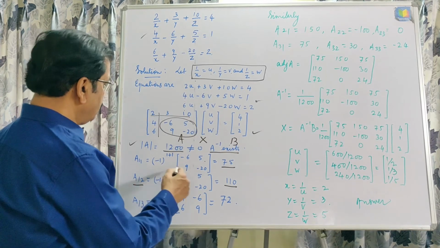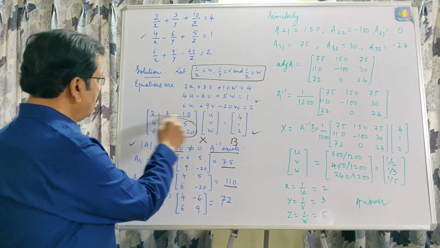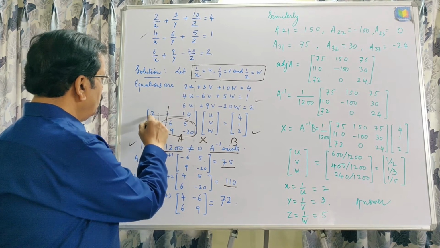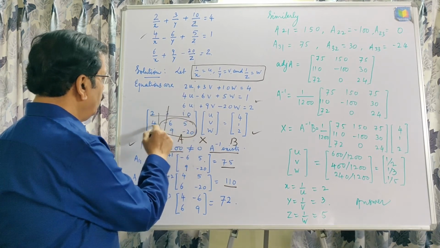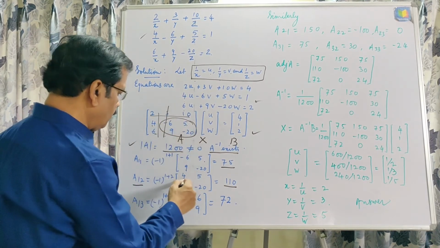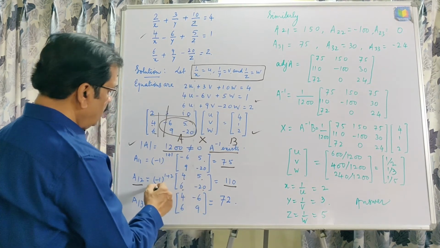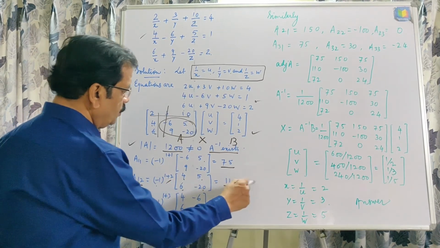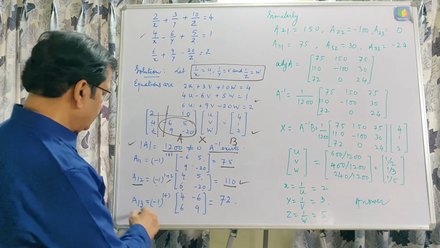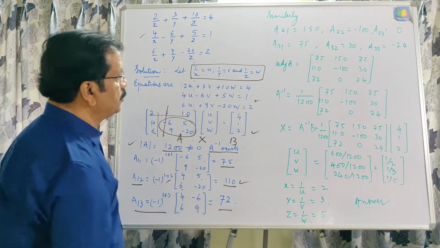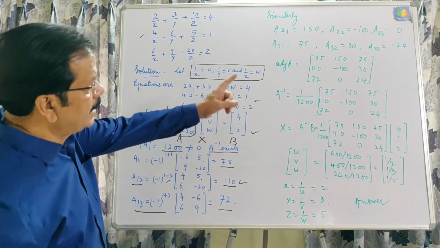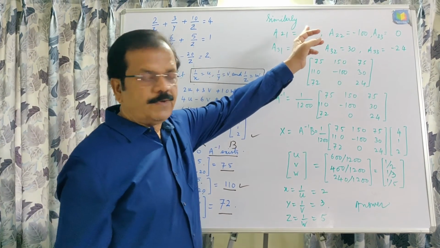Okay, minus, this is 1, 2 means first row, second column, so 2, 10, 4, 5 and 6 minus 20, minus 1 to the power 1 plus 2, this is 110. In the same way, third is coming 72, and then I have written here directly the rest of the 6 cofactors.